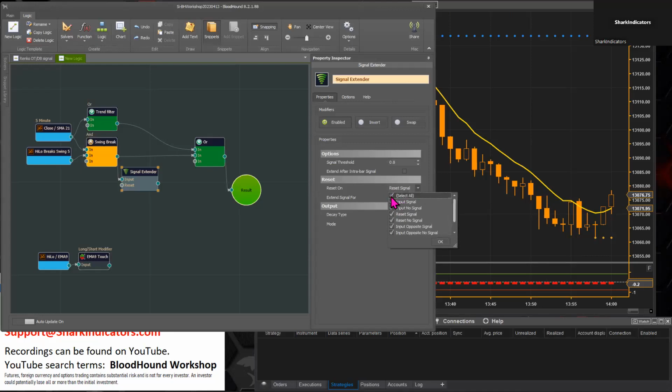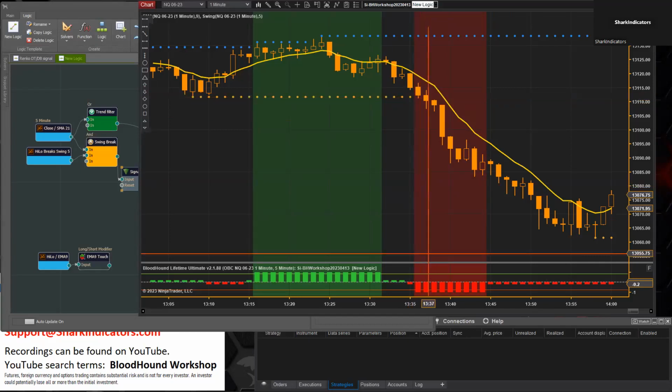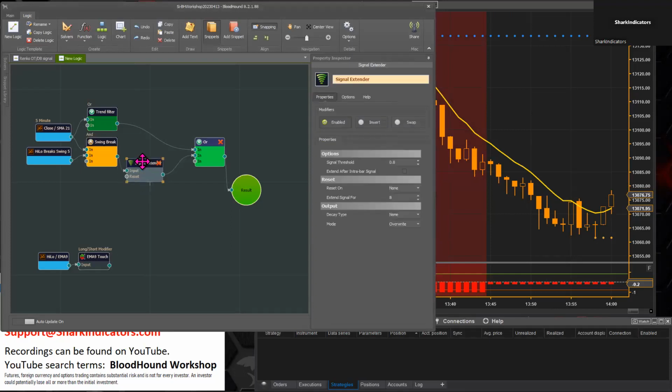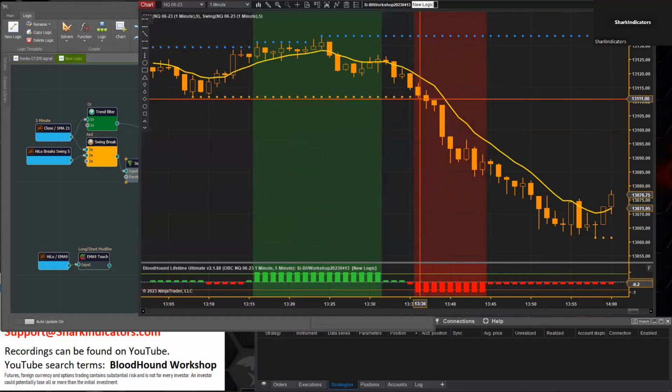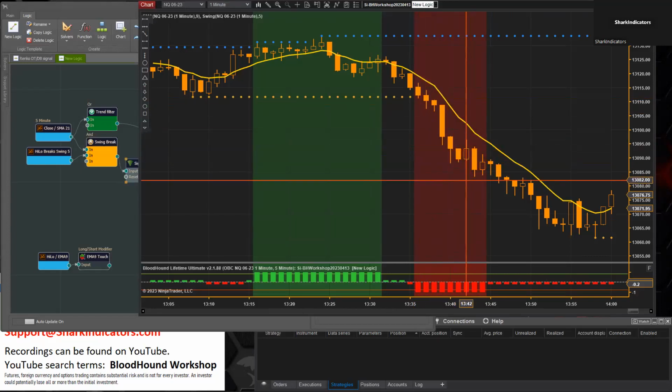For now, I'm just going to turn off all the resets here. So we have that swing break, and this output from the signal extender right now is just telling us how long price has until it has to start making a pullback.